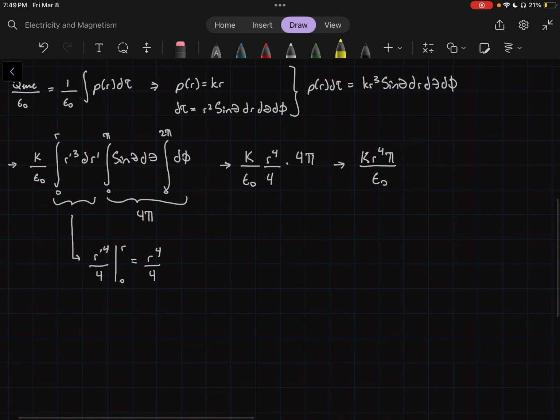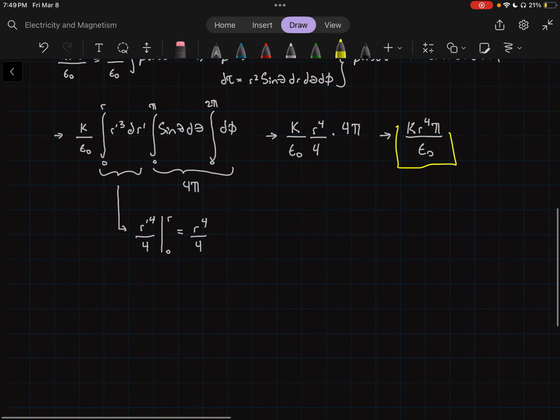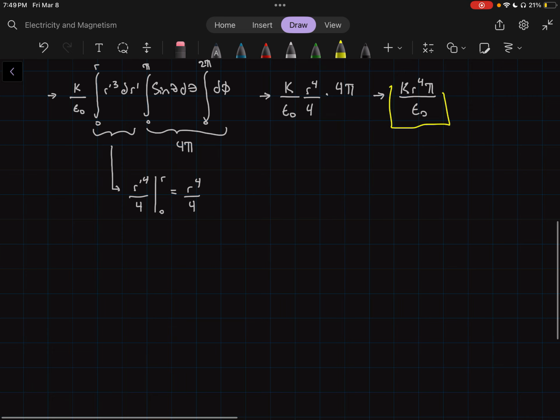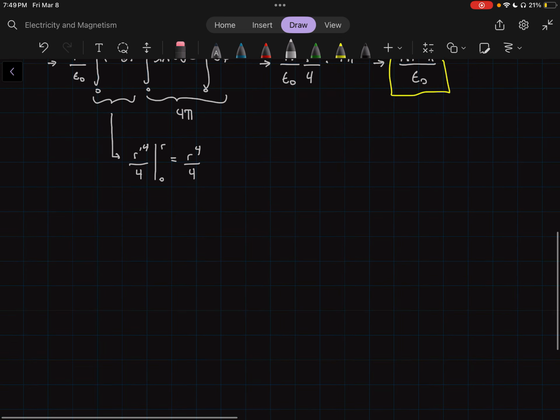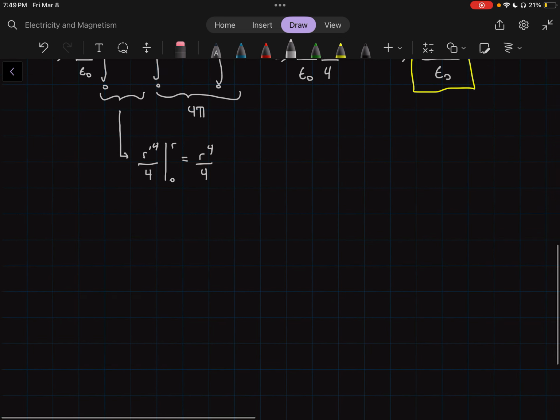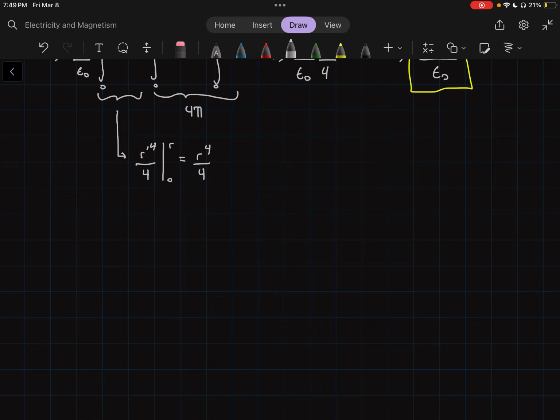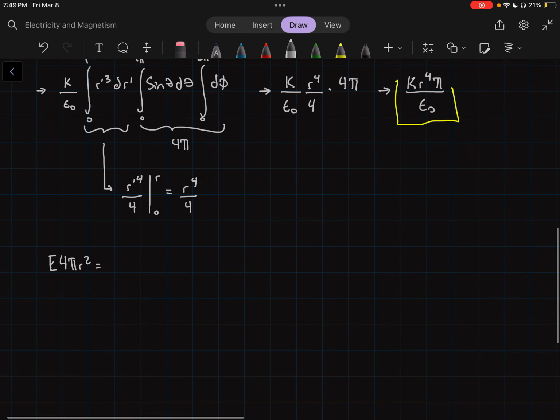Now that we have this part, we can equate the left and right hand sides of Gauss's law to actually solve for the electric field vector inside. So, say E 4 pi r squared is equal to k over epsilon naught r to the 4th pi. Cool.